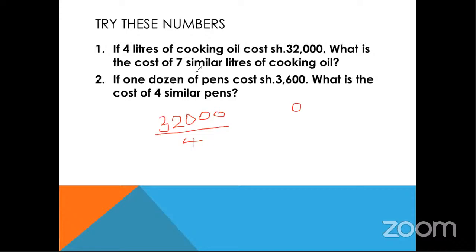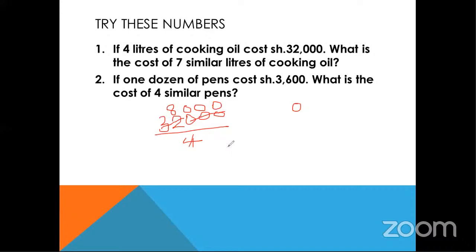Which number is that? It is 8. So 32 divided by 4 is 8, meaning 32,000 divided by 4 is 8,000 shillings. So the unit cost is 8,000 shillings.